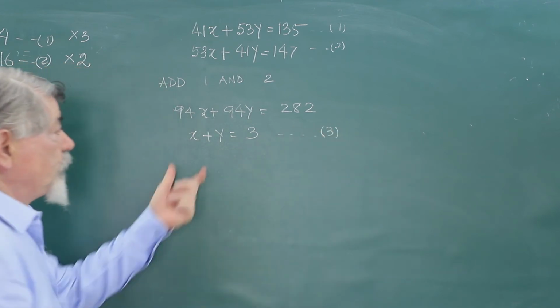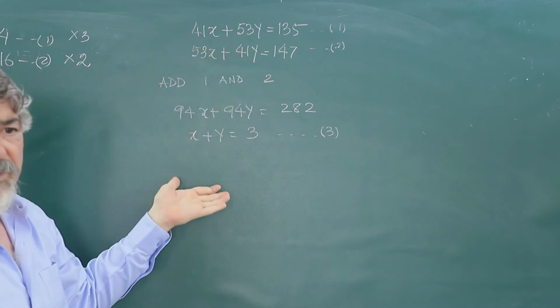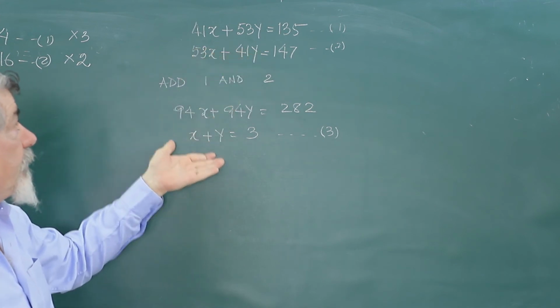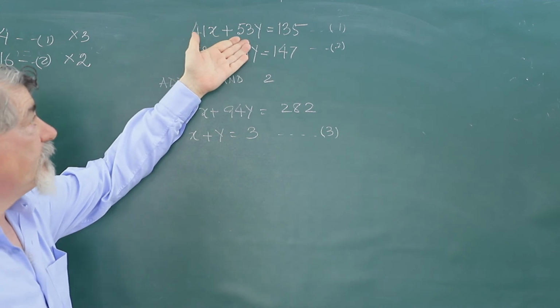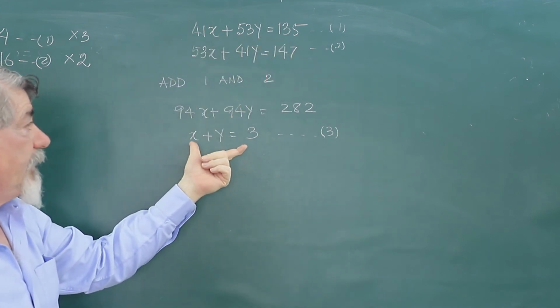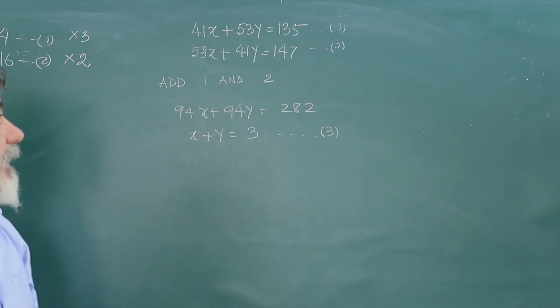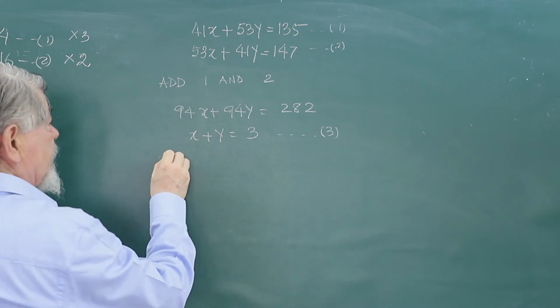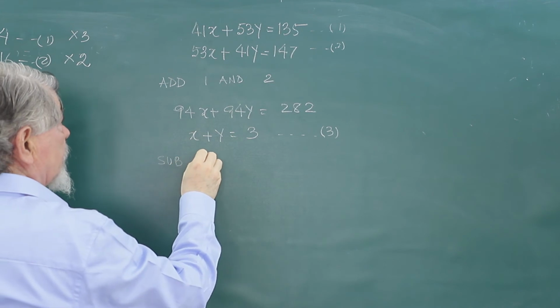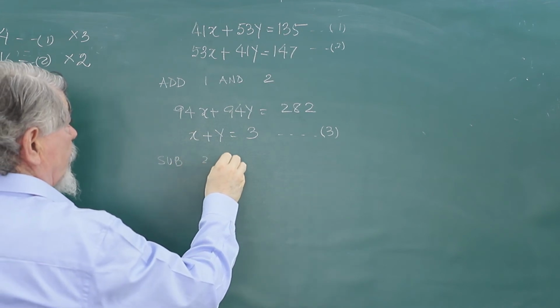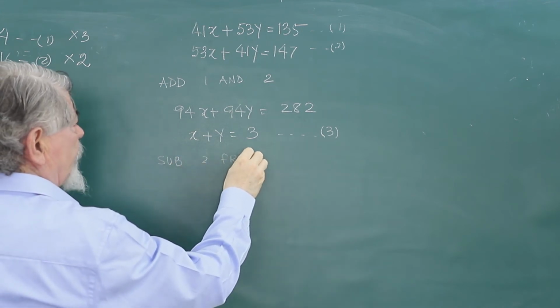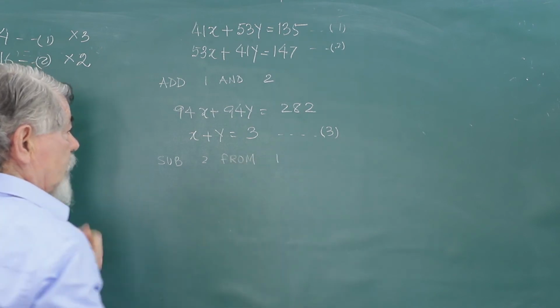Now look at this equation and look at this equation. How simple it has transformed from 41x plus 53y is equal to 135. I've got a very simple equation. Now another equation I'll obtain by subtracting 2 from 1, or 1 from 2, it does not matter.